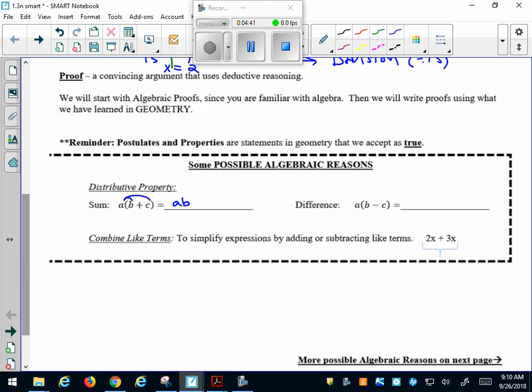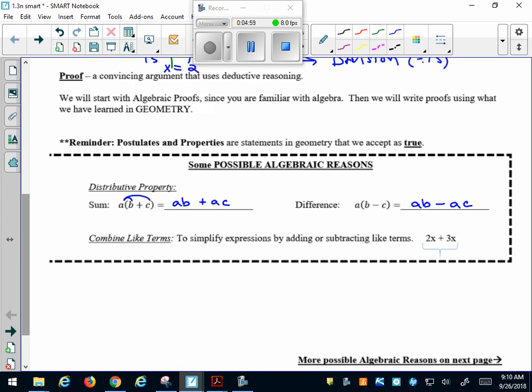So if it's addition, it's AB plus AC. If it's subtraction, it's going to be AB minus AC.